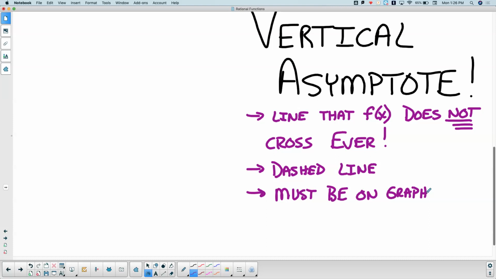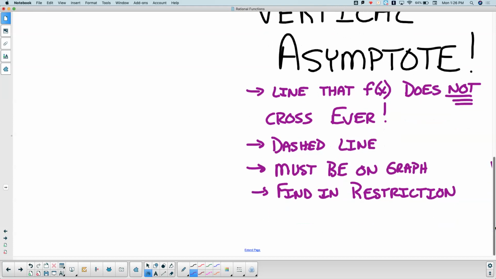Even though the function doesn't exist there, they're still part of the function. We find them in the restrictions or the exceptions or the conditions of the domain.